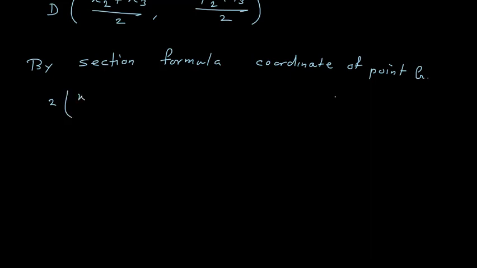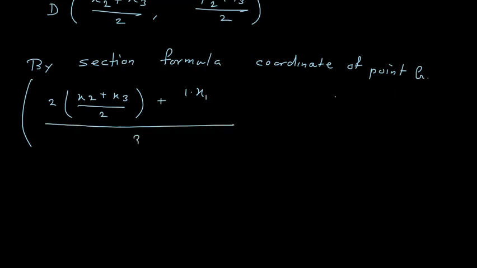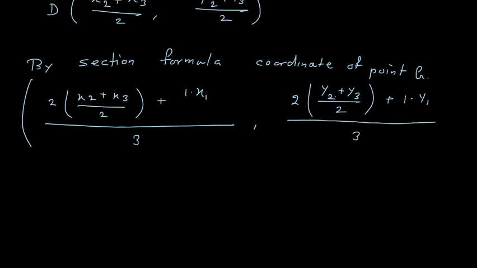So 2 into (x2 + x3)/2 plus 1 into x1, and this whole divided by this 2 plus 1, 3, and y coordinate similarly it is 2 into (y2 + y3)/2 plus 1 into y1, and this whole divided by 3.